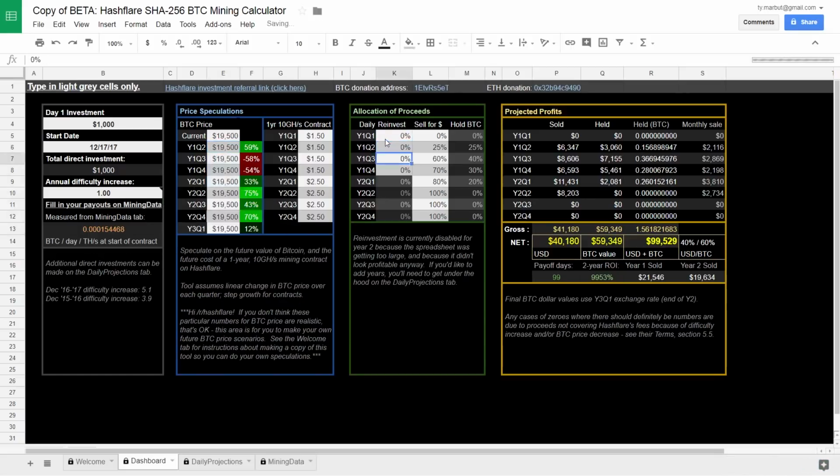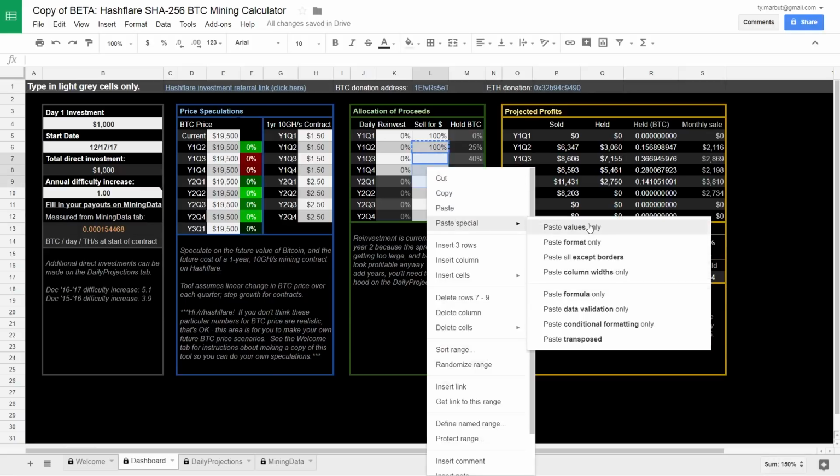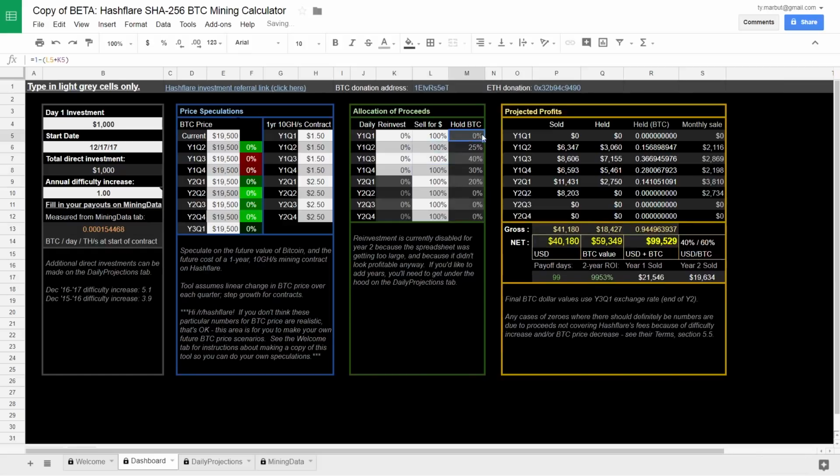So let's put in no reinvestment. Let's just say we're selling all of it. I can copy and paste these. If you copy and paste these, be careful to do paste special values only, or you'll kill my fancy formatting. All right, so this is going to come up at 0 when all the calculations have been made. So we're just kind of waiting for these to change. And so we're saying Bitcoin price holds steady, annual difficulty is just 1, and we're just going to go ahead and sell it off.